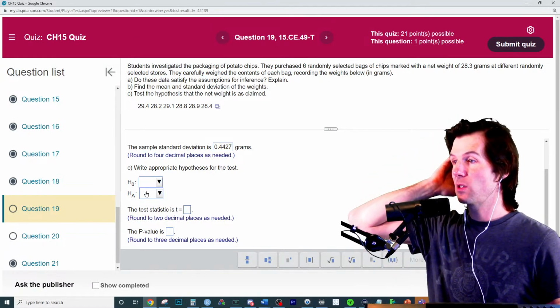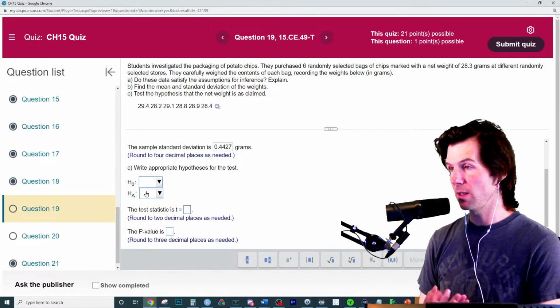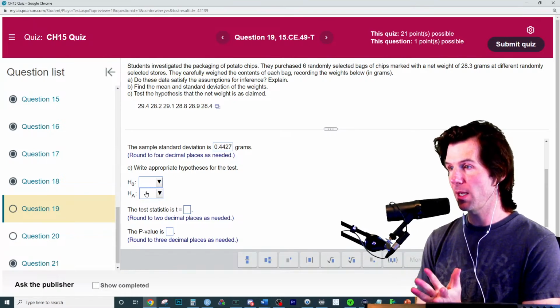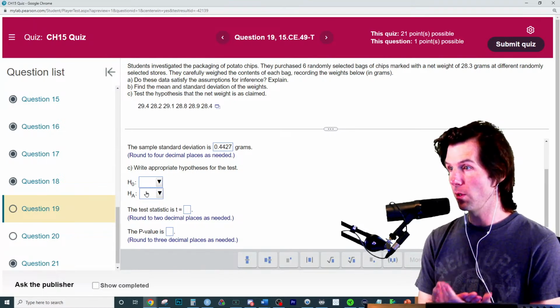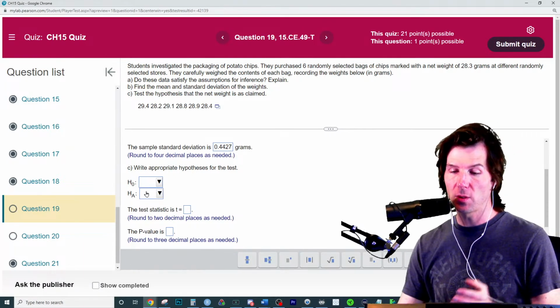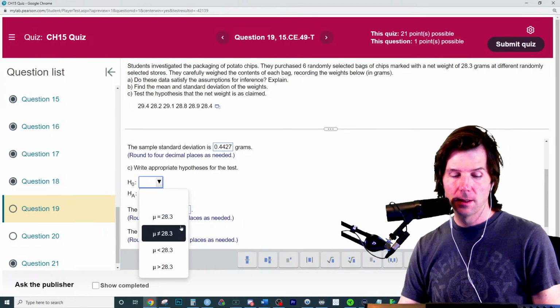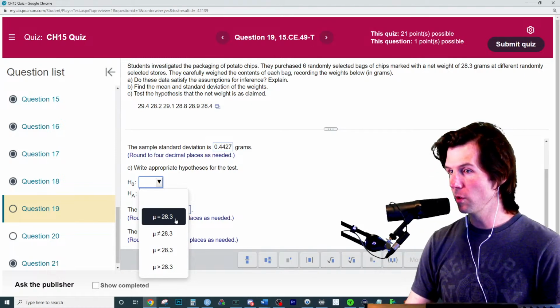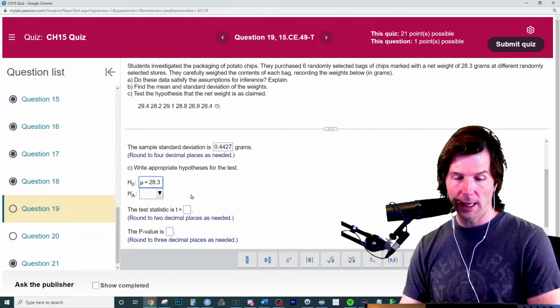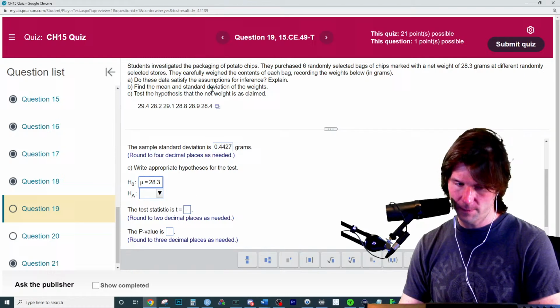And then the null hypothesis. This is where you want to pause and see if you know how to write these things. Because this is the first big step of doing hypothesis tests, to write the null hypothesis. The null states that the true mean is equal to the hypothesized value of 28.3. So the null states that the true mean weight of potato chip bags is equal to 28.3.